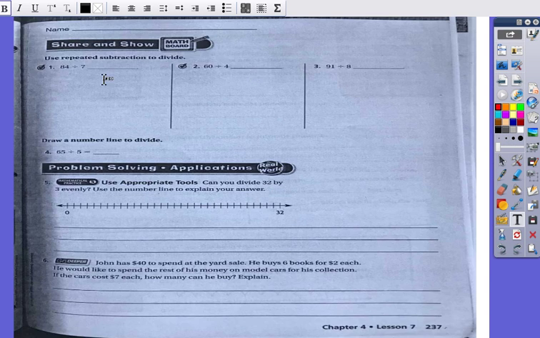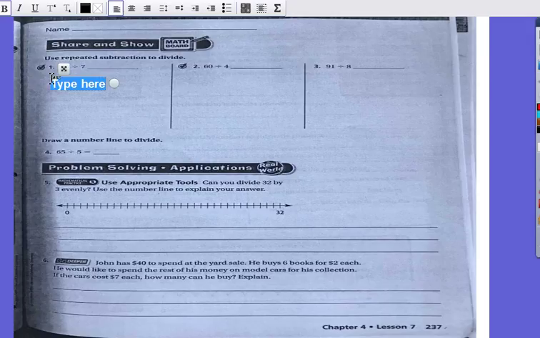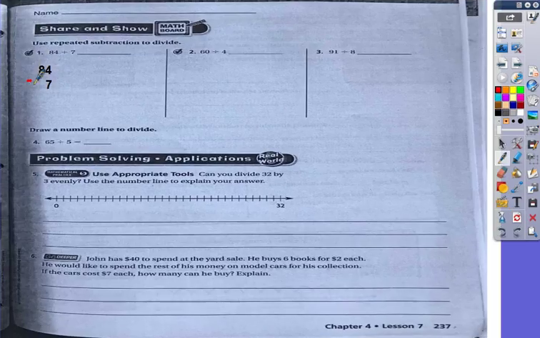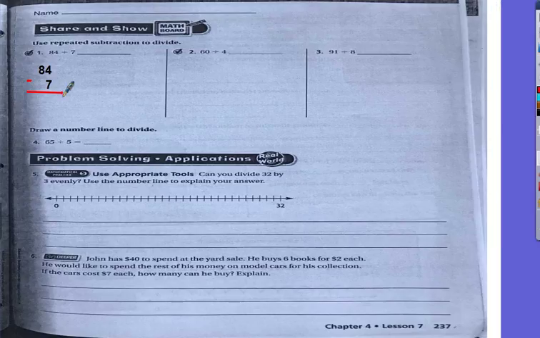We're going to go 84 minus 7, so that's 77. That's the first time. Then minus another 7 is 70. That's the second time.